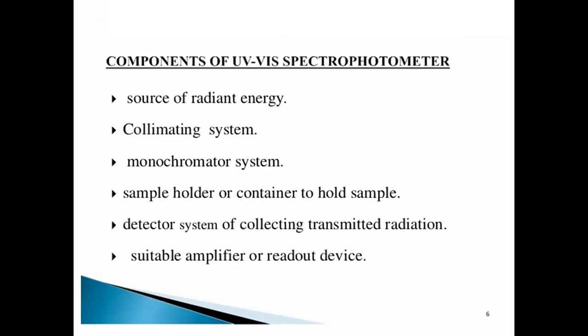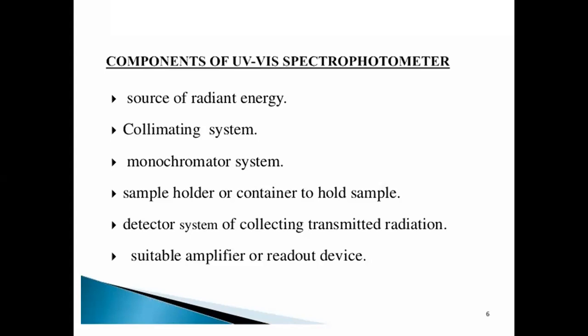So now see the different components involved in the instrumentation of UV visible spectrophotometer. Starting from the first, it will require a source of radiant energy. Second, polymetric system.